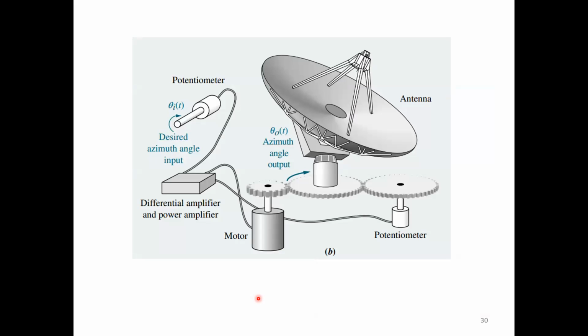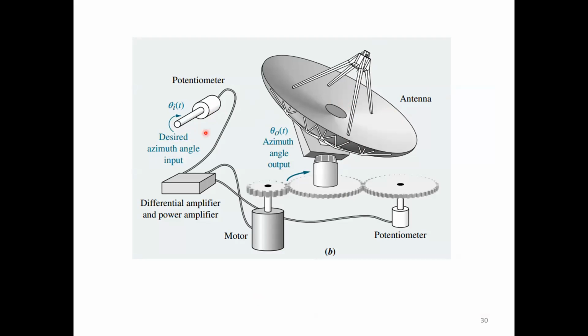Okay, here see. This is the potentiometer, this is the azimuth angle input, and azimuth angle output. See here, that is the radar system. This one is the schematic diagram. You have a potentiometer.